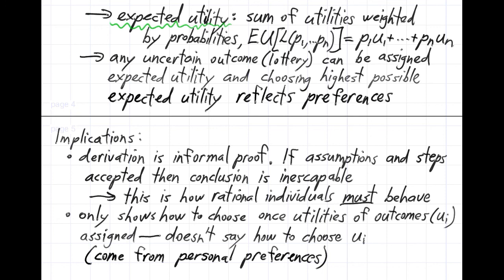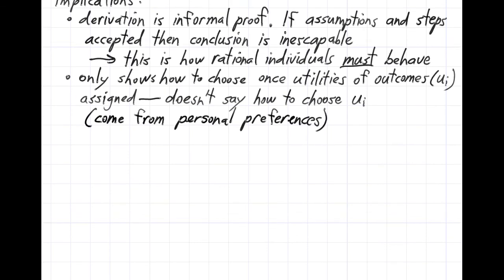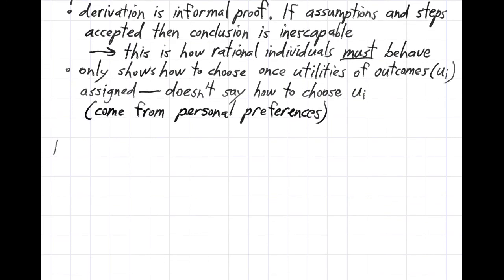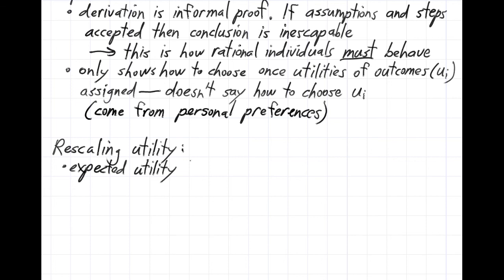I want to bring in one other concept, and that is about rescaling these utilities. So again, expected utility tells us to maximize this thing, expected utility, which is the sum of the utilities weighted by the probabilities.